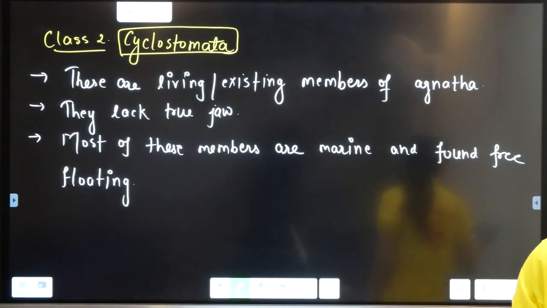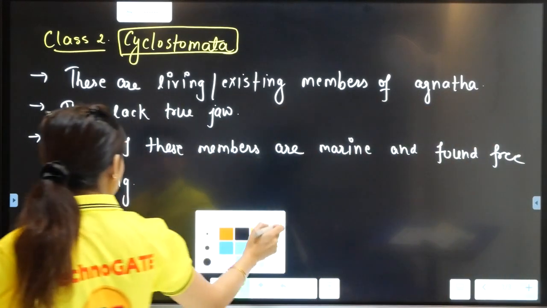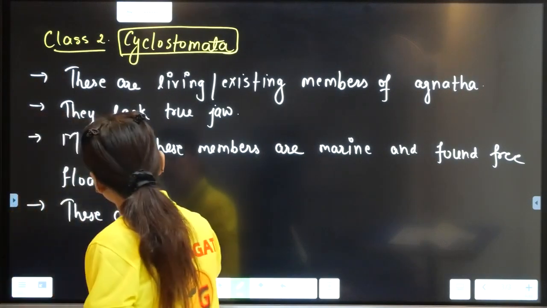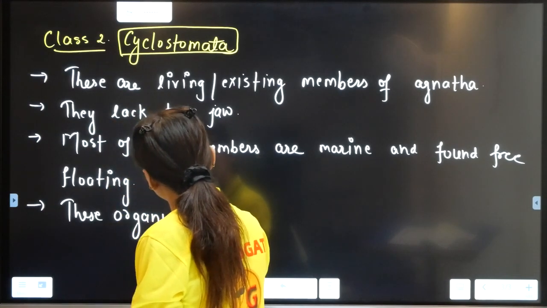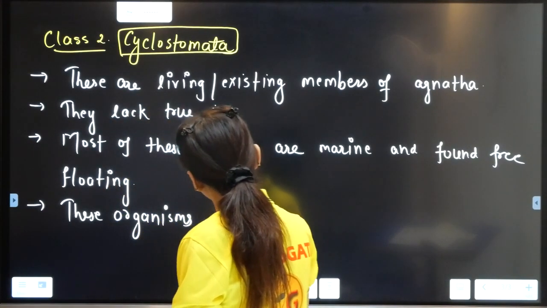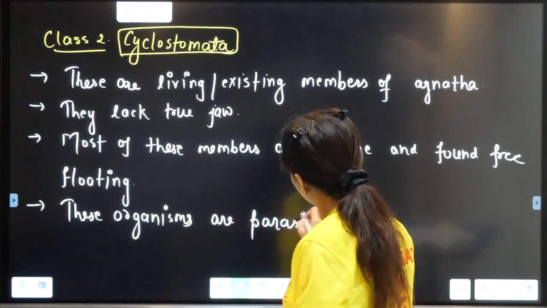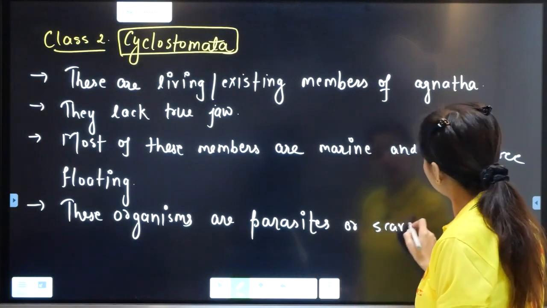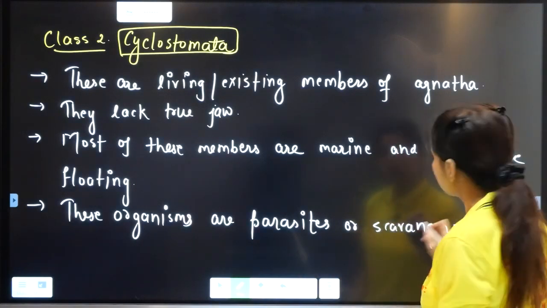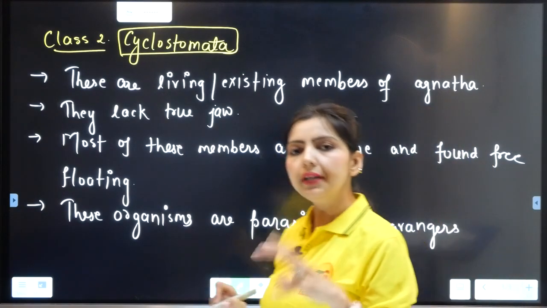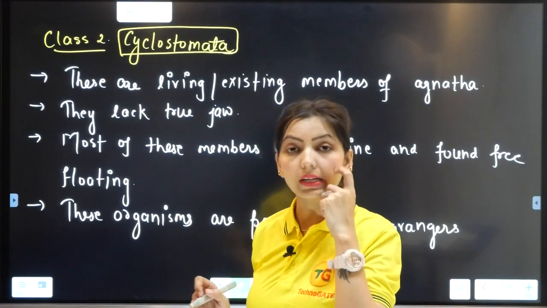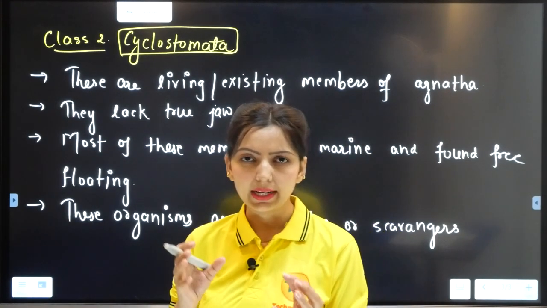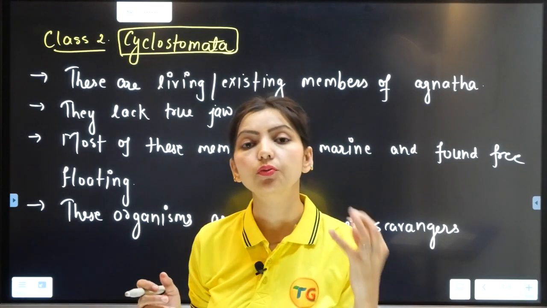Now write down the next one, a very important point. These organisms are parasites or scavengers. What are scavengers? Those organisms who eat up dead organisms. And what is a parasite? A parasite is an organism that resides in the body of the host and absorbs its nutrients, just like the coronavirus.